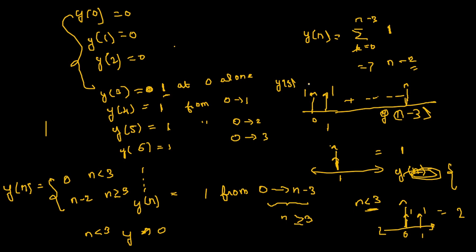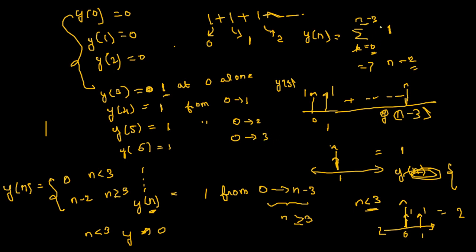Since it's going on till infinity, we have to find a generalized expression for y of n. For that we can write the sum from k equal to 0 till n minus 3. We have to add 1 that many times, because this is the one I got from 0, this is the one from 1, this is the one from 2, and so on, all the way till n minus 3.